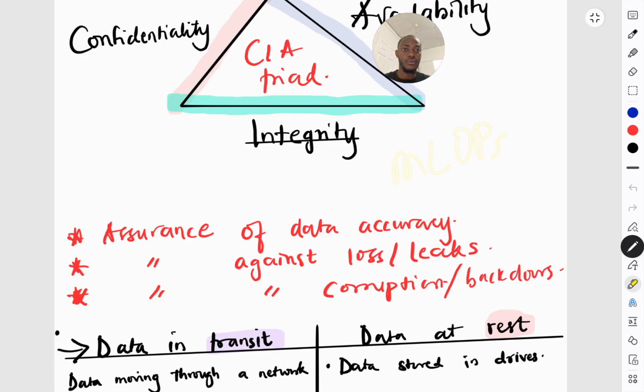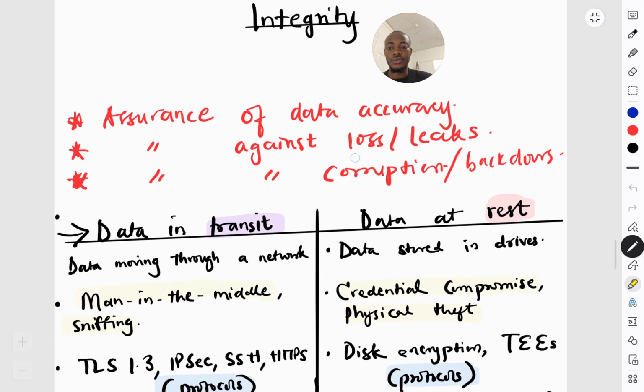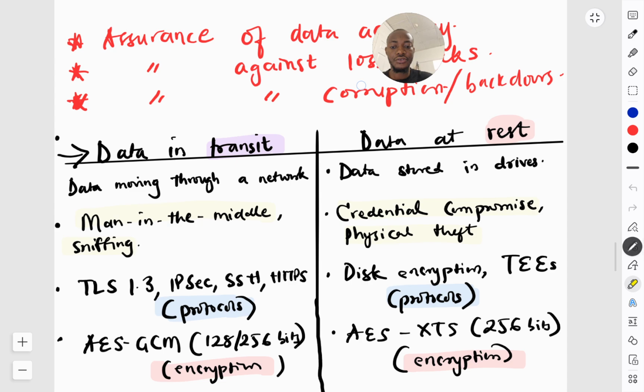MLOps pipeline, okay? So that's why I also try to capture the difference between data in transit and data at rest. Data in transit means you're moving through something, through a network, while data at rest is data that is stored in drives.